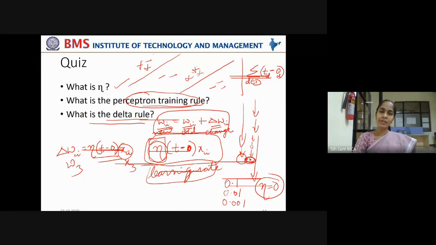For all training examples, square the prediction errors, add them, and divide by 2. Okay, that will give you the delta rule. That is the error measure on the weight vector W, which will adjust the weight vector W bar. Got it? This is how we need to understand the delta rule.